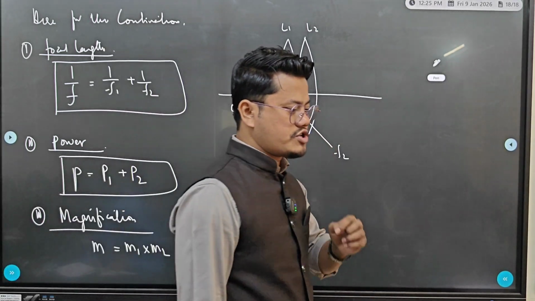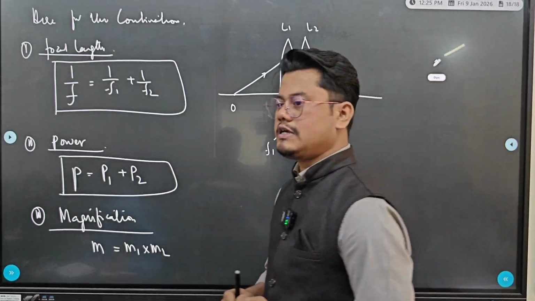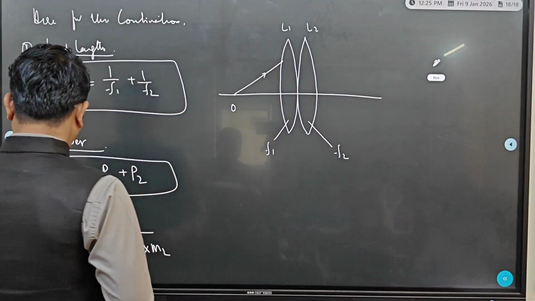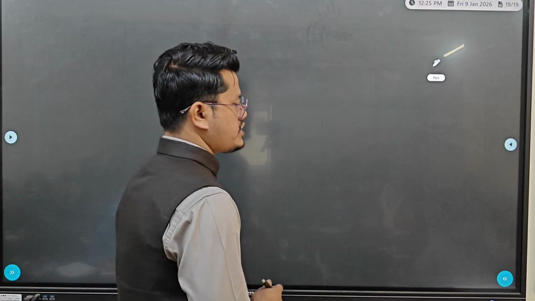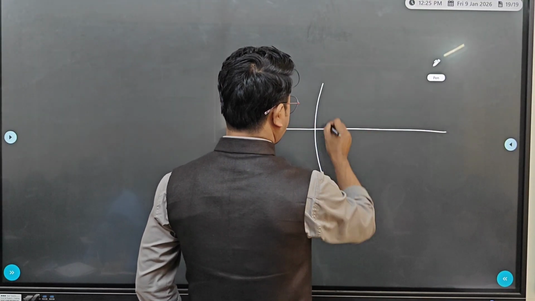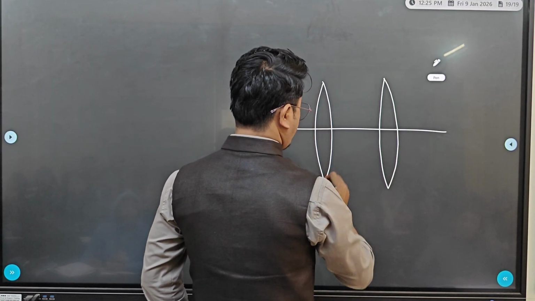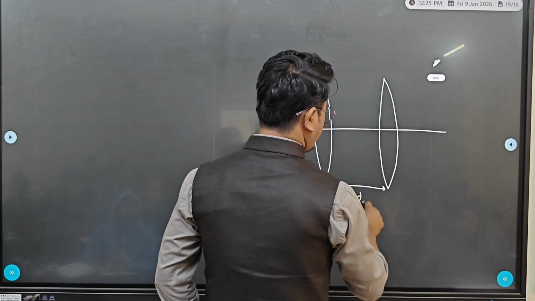In point number 4, you just write, if two lenses are having separation d. For example, this is one of the lenses and this is another lens. Both the lenses have separation d.